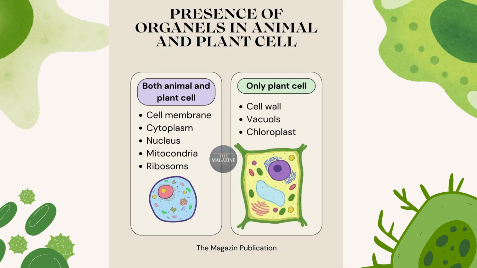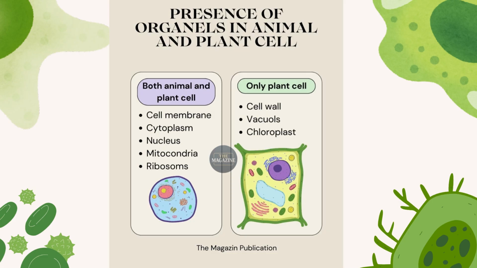The organelles which are located in both animal and plant cells are the cell membrane, cytoplasm, nucleus, mitochondria, vesicles, and ribosomes. Here I need to mention that vesicles we can see in both animal and plant cells. If it is present in the plant cell, we call it vacuoles.